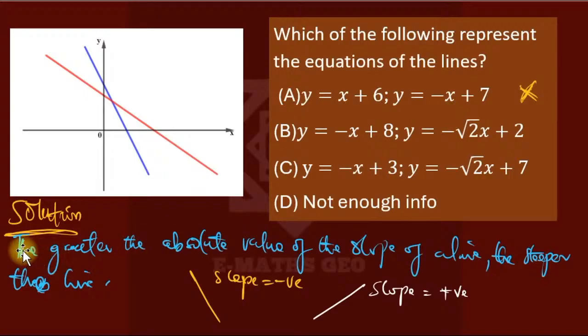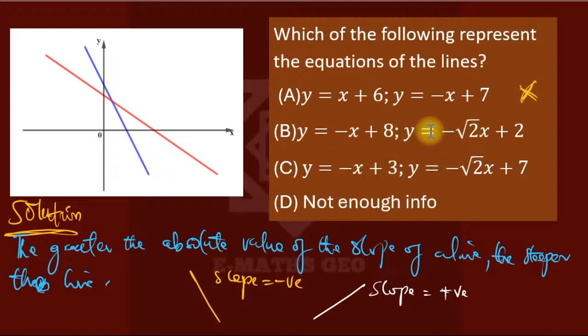B and C, their slopes are both negative. Using the first knowledge, the greater the absolute value, the steeper the line. The absolute value of minus 1 is 1, and the absolute value of minus root 2 is root 2. So the steeper line is the one with slope minus root 2.